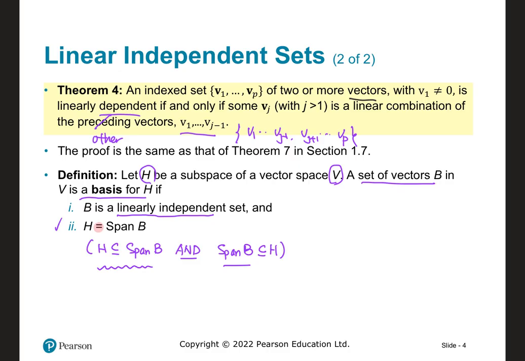So one example I'm considering is this. Suppose that I have two vectors, v1 and v2, in R3 space.